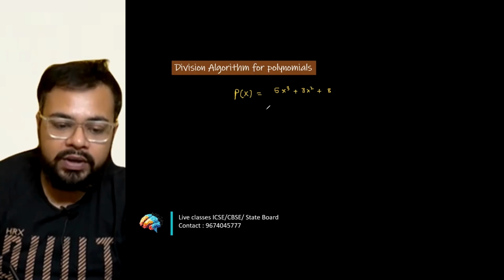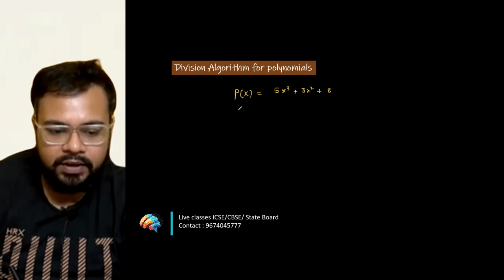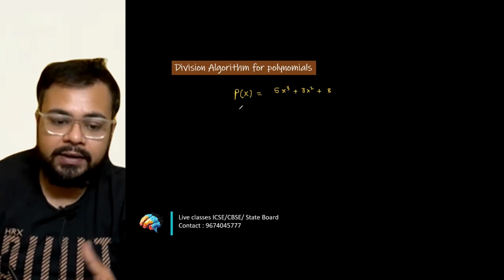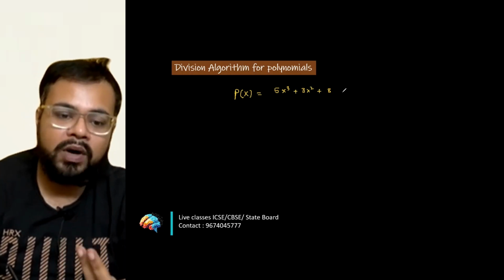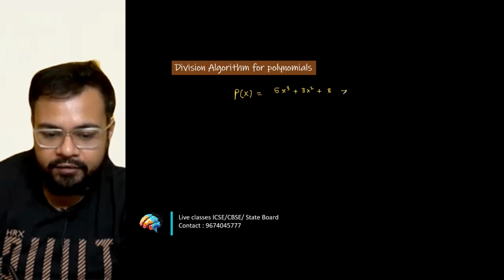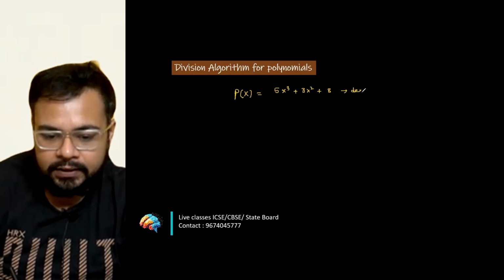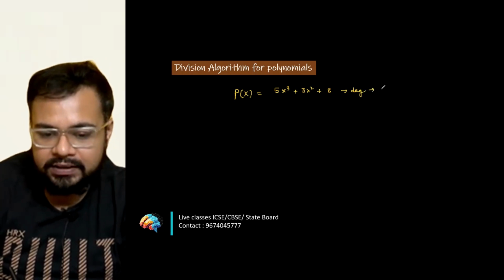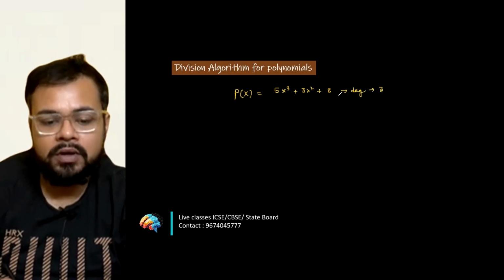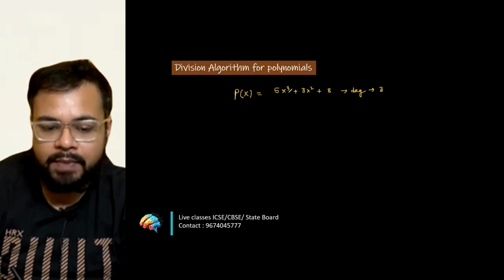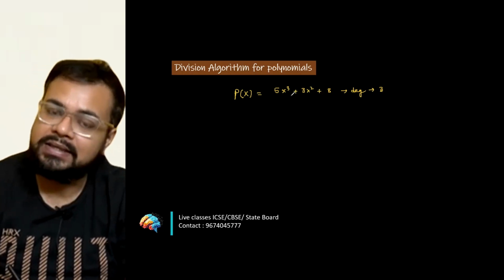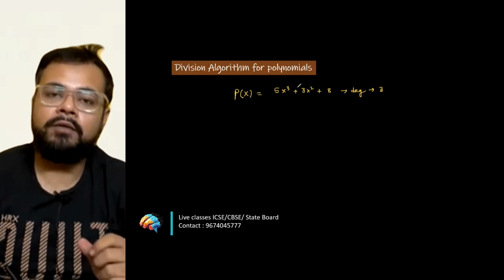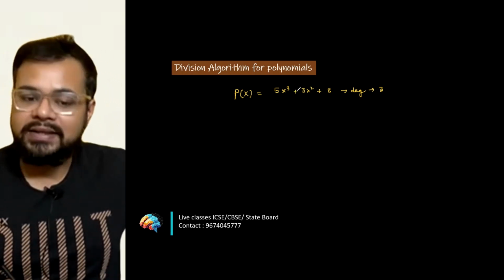If I ask you what is the degree of this polynomial, you would say the degree is 3. That is because the highest power of that polynomial, Px, is 3. And the highest power of any polynomial is known as its degree.